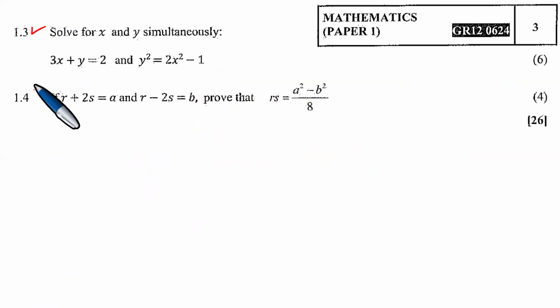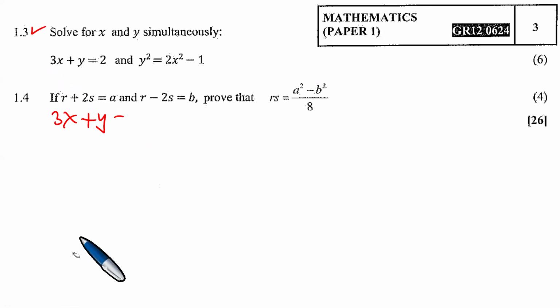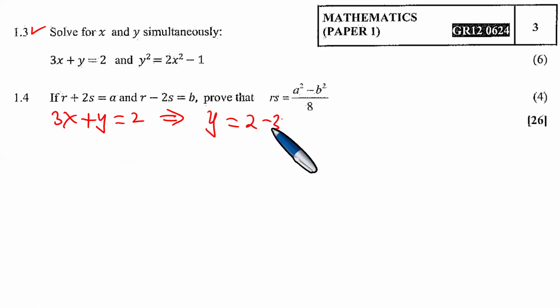Right, so if you deal with 1.3, solve for x and y simultaneously. We're focusing on 1.3 right now and want to solve for x and y simultaneously. We proceed as follows: 3x plus y equals 2, which means that y is therefore equal to 2 minus 3x.